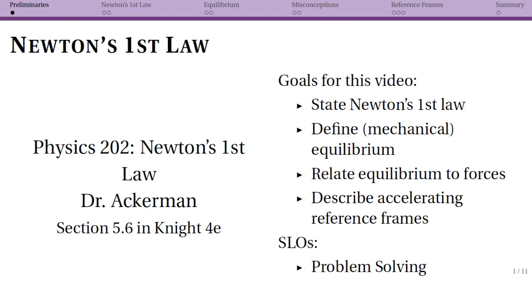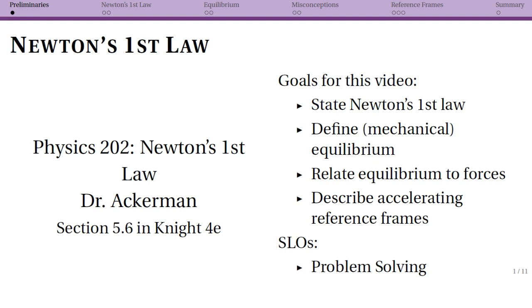So in this sequence of videos, we're going to talk about what Newton's first law is, and then we're going to talk about where we actually use it, which is the idea of mechanical equilibrium. We will start relating equilibrium to forces, and we're going to return to this later in the next chapter. And then the last little topic we talk about here is the idea of accelerating reference frames, which isn't going to be something we use a lot, but is important to understand why we don't want to use it.